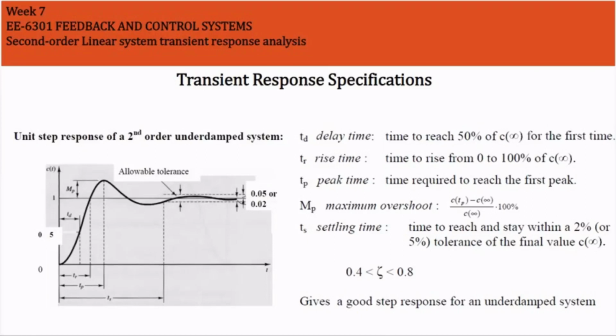TS is our settling time. The settling time is the time to reach and stay within the tolerance level. So when you see that the response has entered its tolerance level, that is our settling time. Zeta between 0.4 and 0.8 gives a good step response for an underdamped system.